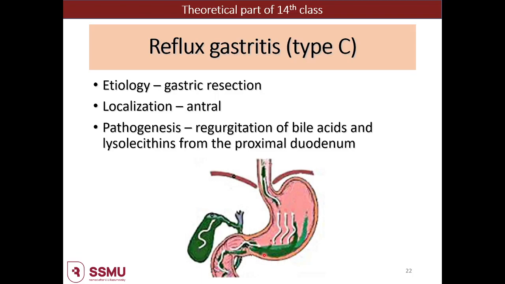The bile is a really aggressive substance, which may lead to difficult damage, and more often it leads to formation of chronic gastritis, and after it we may see formation of cancer here, which is really difficult for treatment and difficult for the patient.